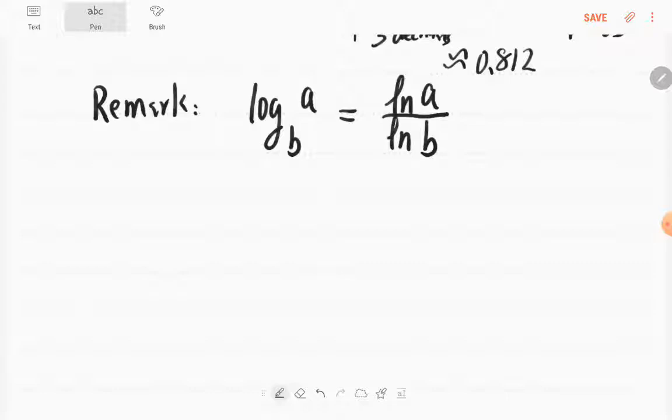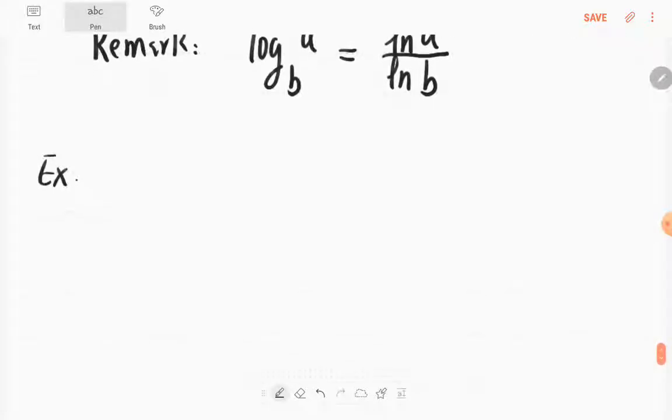Another example is 3 to the x plus 2, minus 1 equals 10. The first thing is you need to add 1 to combine the like terms, so you need to isolate the x terms and the constants.